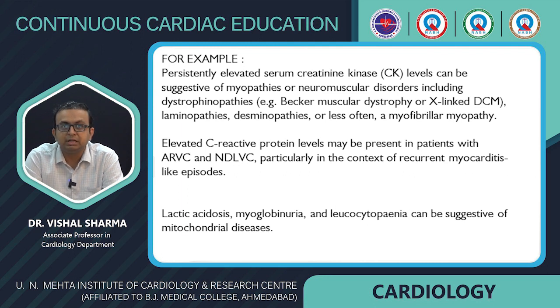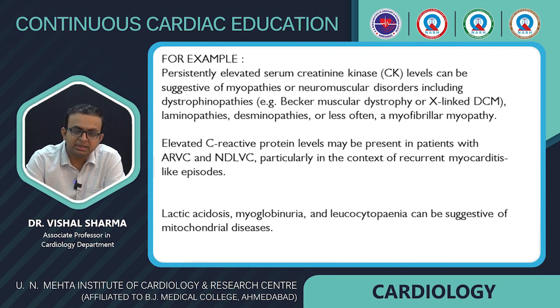Say, for example, dystrophinopathies like Becker's or Duchenne's, laminopathies, desminopathies. So patients who have some sort of desmosomal disorders, which affect not only myocytes but also skeletal muscles and other muscle groups, are the patients who will present with persistently elevated creatine kinase, which can be checked very easily.